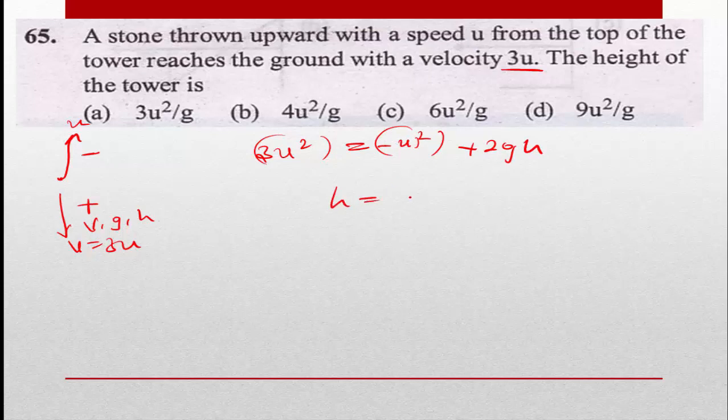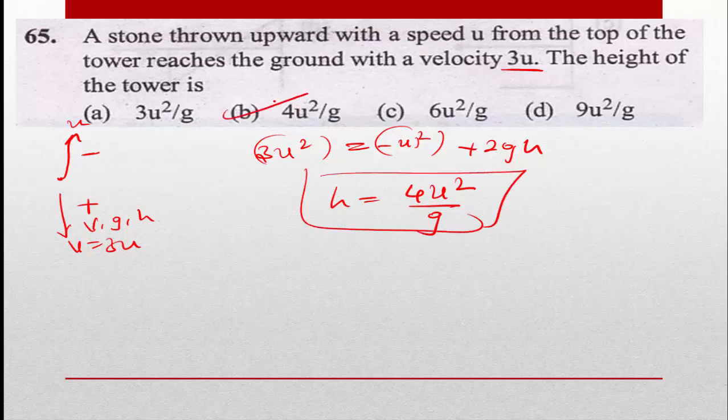Here h is equal to 4u square divided by g. Option B is the right answer for this question.